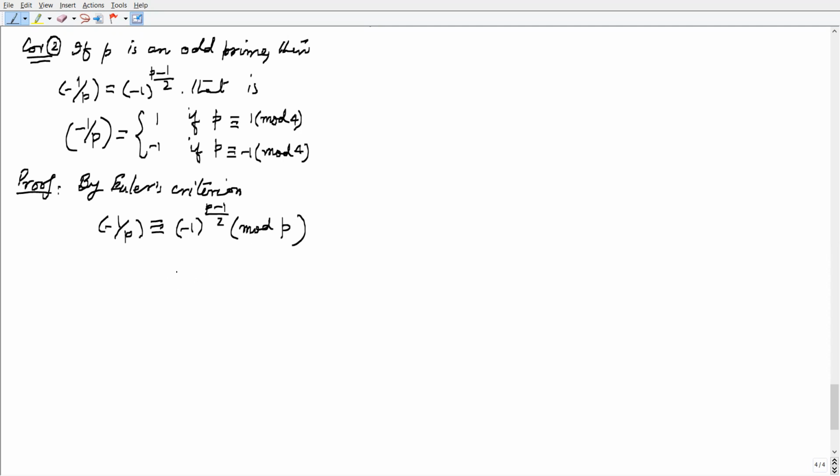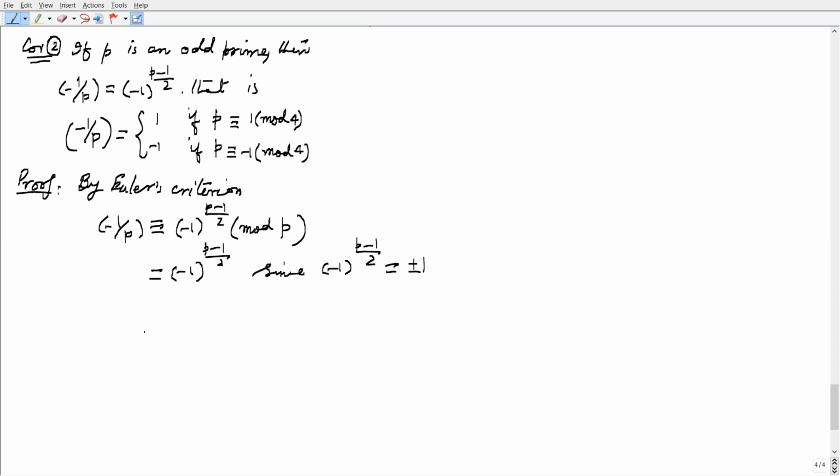So this value is equal to -1 to the power p minus 1 by 2, because we know that -1 to the power p minus 1 by 2 is either plus 1 or -1.